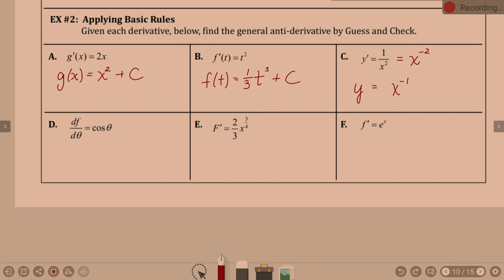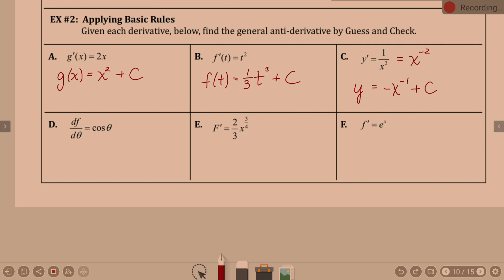Now, is that it? No. You have to tag in a negative out front, plus C. And of course, before I forget, plus C. Now, try it out. If you take this power, -1, and multiply out front, -1 times negative is positive.